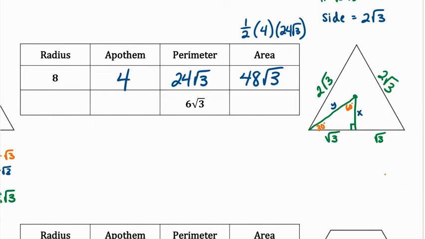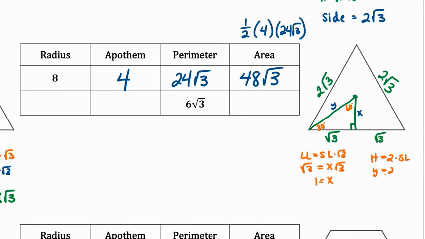So then my long leg is radical 3. My long leg is equal to the short leg times radical 3, right? Let's write it down here. So long leg equals short leg times radical 3. So radical 3 equals x times radical 3. So that x just has to equal 1. And then my hypotenuse is 2 times the short leg.